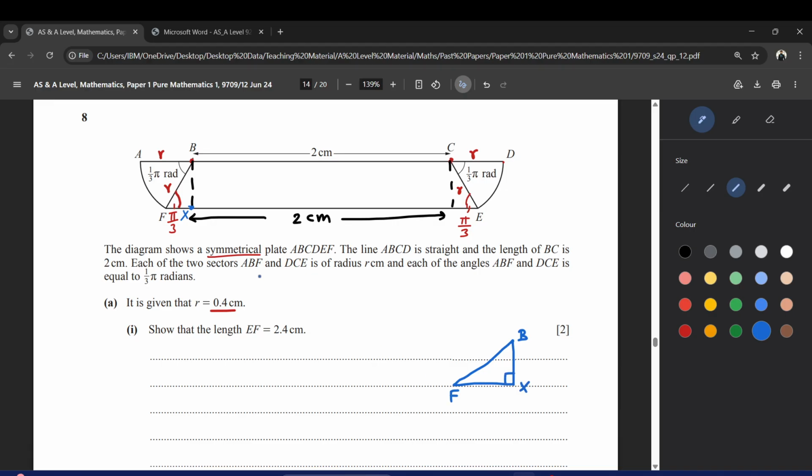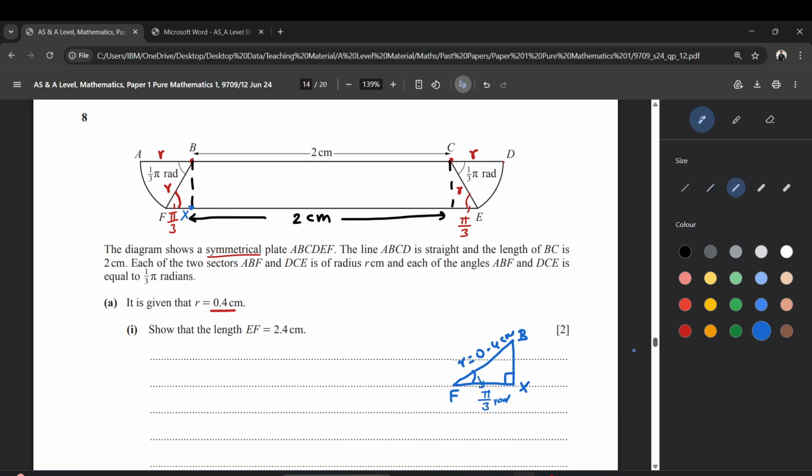This is your 90-degree. BF is r, which is equal to 0.4 centimeters. Then the angle BFX, this one is pi upon 3. And we need to find FX.